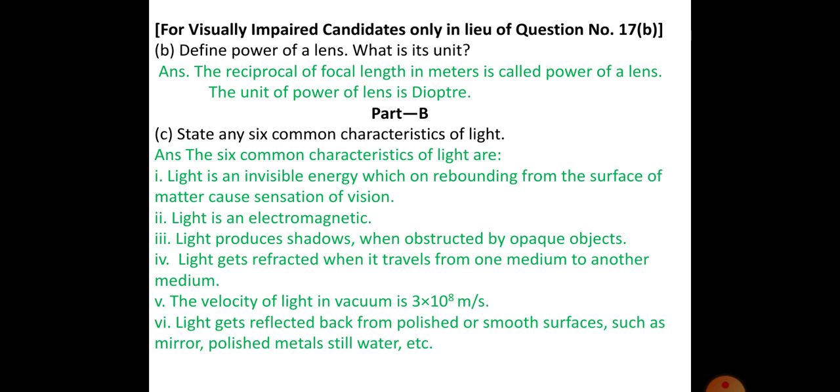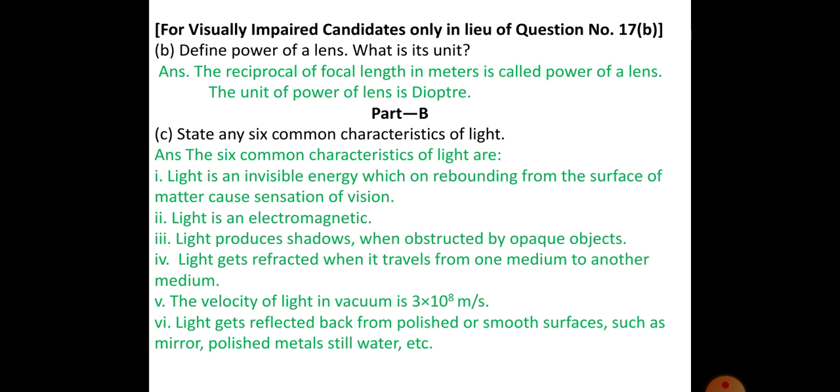State any 6 common characteristics of light. The 6 common characteristics of light are: Light is an invisible energy which is rebounded from the surface of a matter, causing sensation of vision. Light is an electromagnetic wave. Light produces shadow when obstructed by opaque objects.